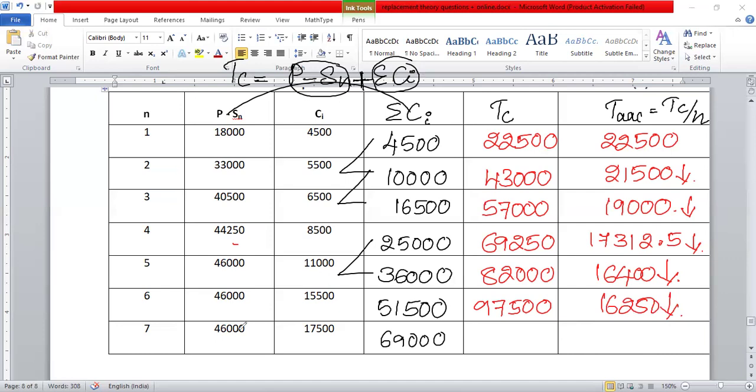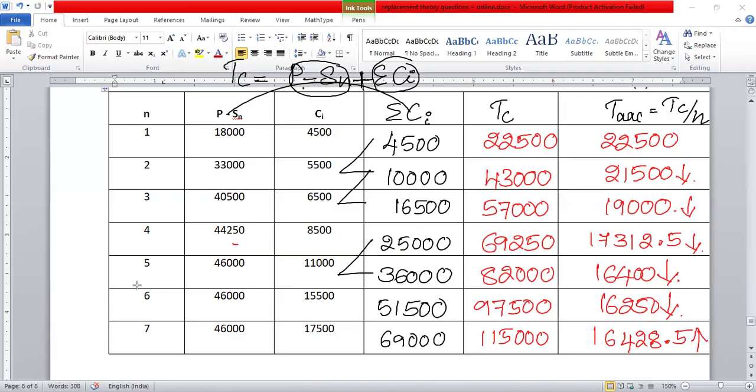Now the last one: 69,000 plus 46,000 is 115,000, divided by 7, so 16,428.5. It increases, which is the last year.